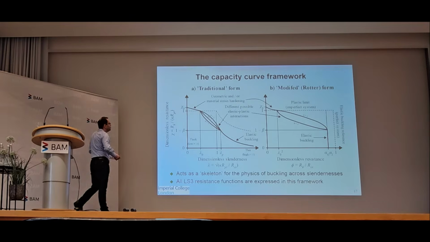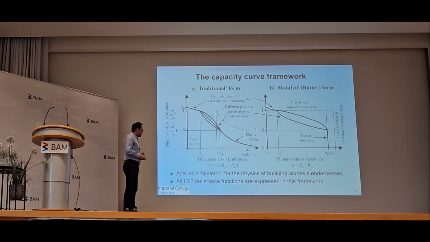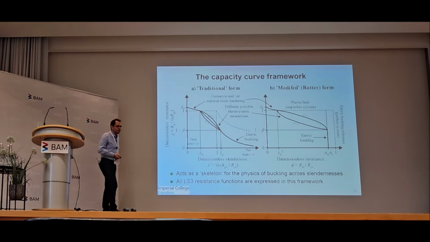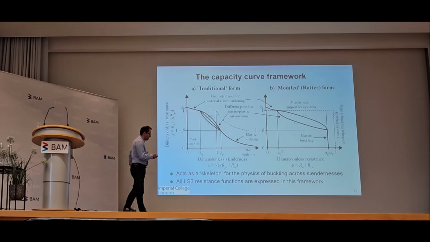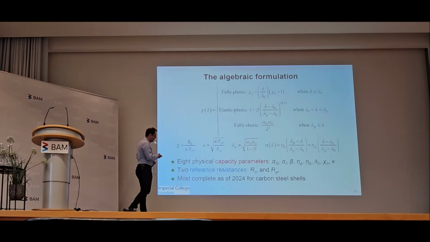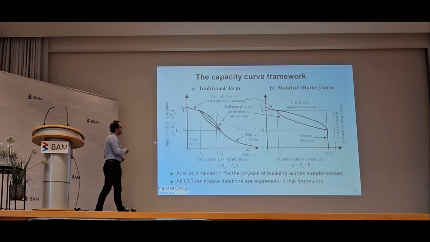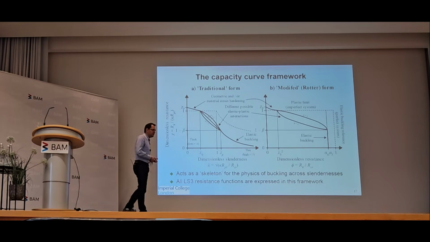This framework underpins every buckling resistance function in Eurocode 316. I would think of it as a kind of skeleton for the physics, an assumption that for different slendernesses, buckling looks like this.